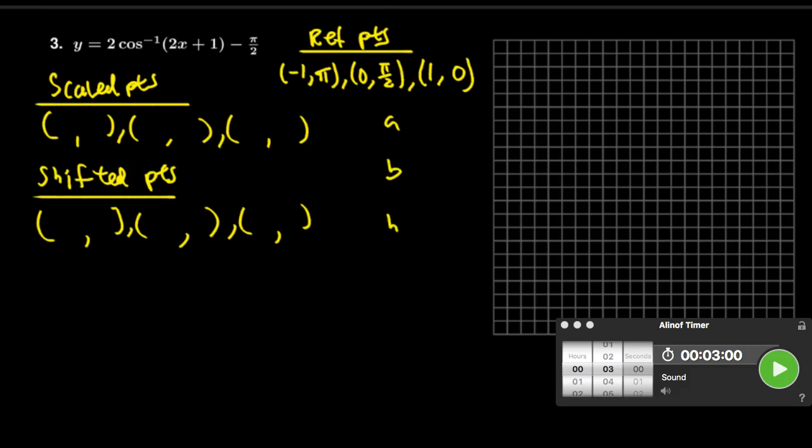And notice over here, no parentheses, so we deal with the h over b again. Alright, a is 2, b is 2, h is negative 1, so we got negative 1 over 2, and then we have negative pi over 2.